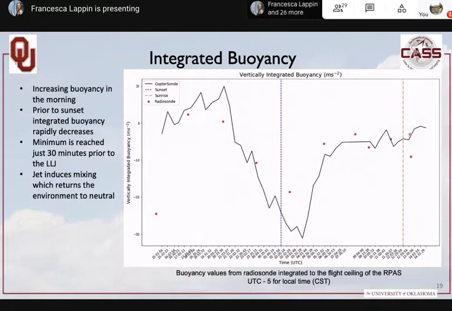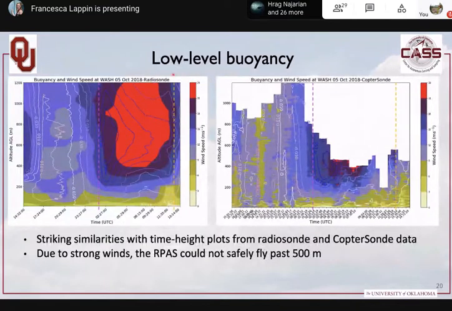So we want to break this data down and decompose it into its time and height components. So we have buoyancy as a function of time and height from the radiosondes and the Copter Sondes. And immediately you will notice that there is some negative space that we get in the Copter Sonde later in the campaign, which is just a function of poor flight conditions.